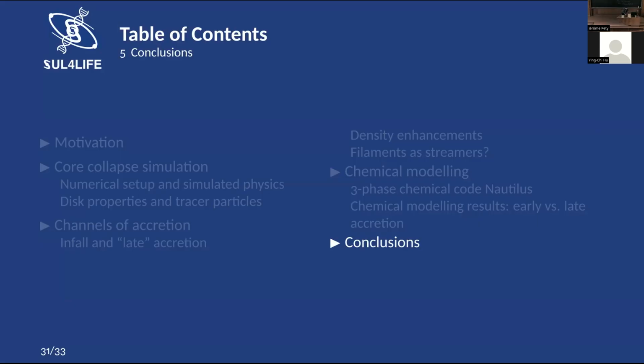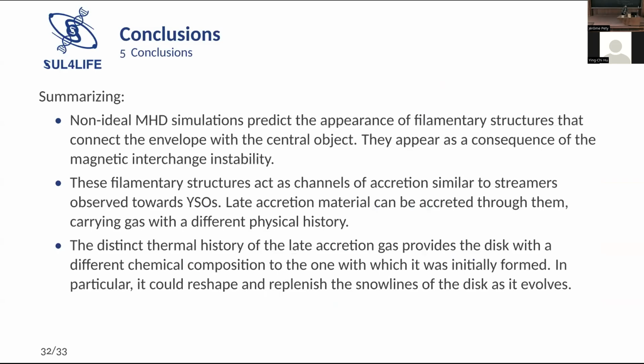Okay, so these are my conclusions. Non-ideal MHD simulations predict these filamentary structures that connect the envelope with the central object, and they appear as a consequence of magnetic instabilities.